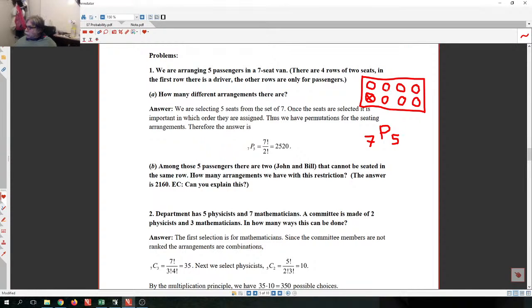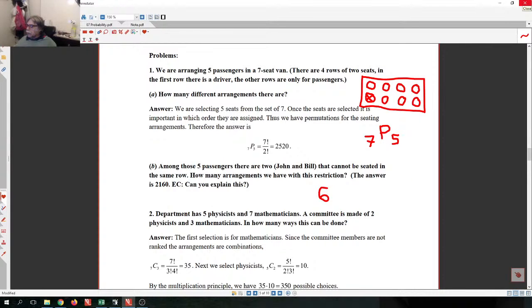John, Bill, or Bill, John. 6 different ways. So that's the first choice: in how many ways you're putting John and Bill in the same row.